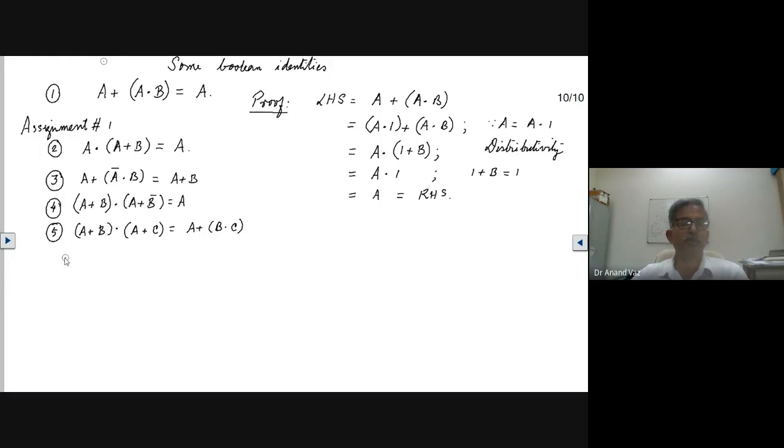Okay, you have to prove this. Sixth one is A or B or (A and not B). This is equal to A or B.